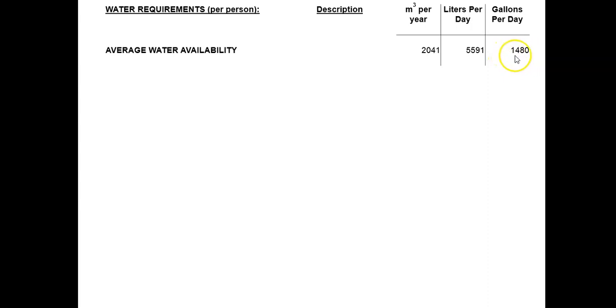Almost 1,480 gallons per person. And that sounds like a lot of water available per person, right? So let's forget the distribution issues for a second. So on average, that's what's available per person.